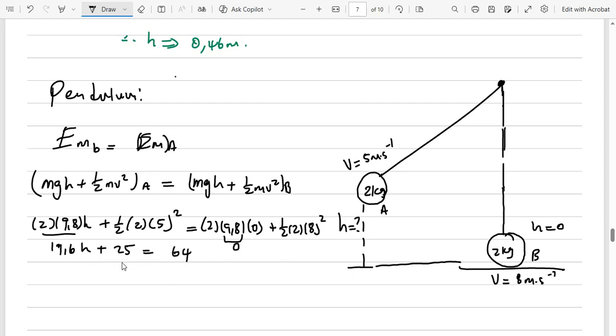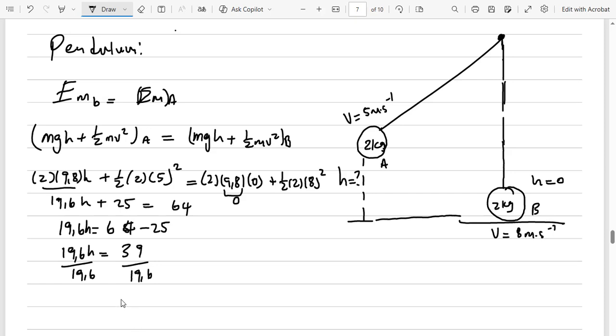The 25 will go to the other side. 64 minus 25 is 39. So 39 equals 19.6 H. Divide both sides by 19.6. Therefore, H is 1.99 meters.